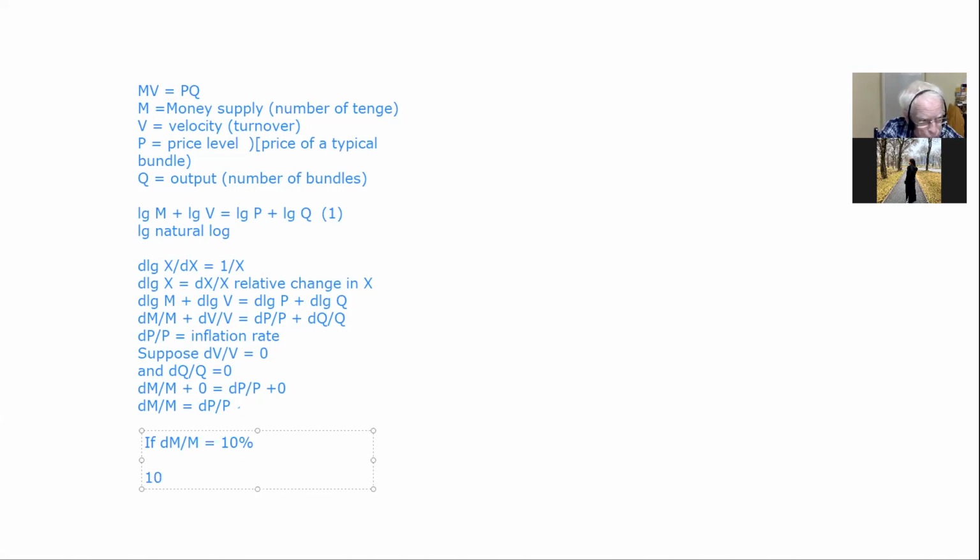So we have 10% plus zero equal to the rate of change in prices, assuming no change in output. So what is the rate of inflation that you would predict?